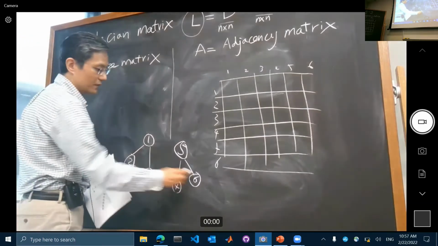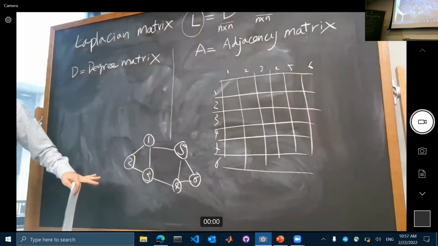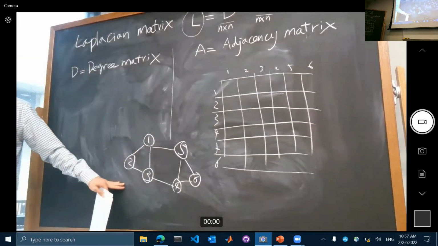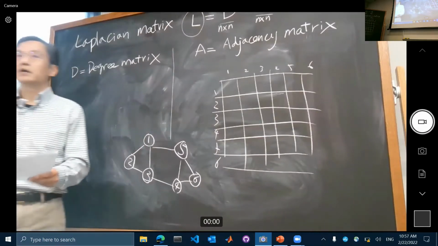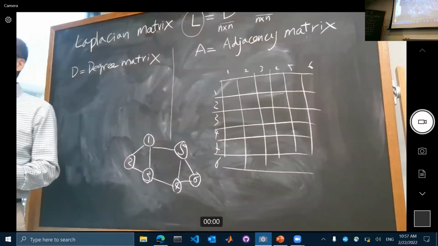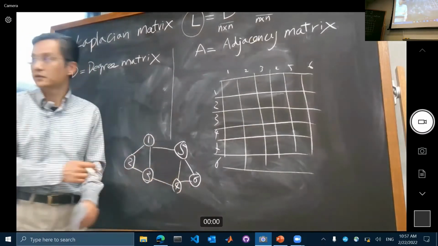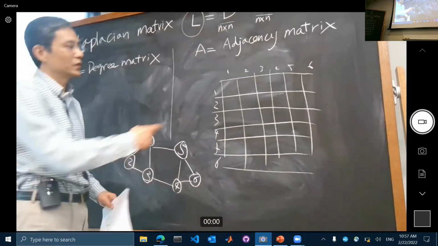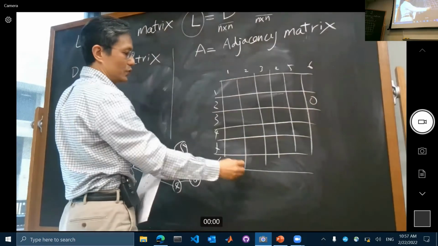So you build a graph between all the cells. This graph is not fully connected. For example, 2 is not connected with 6 directly, so 2 to 6 will be 0, and 6 to 2 will be 0.